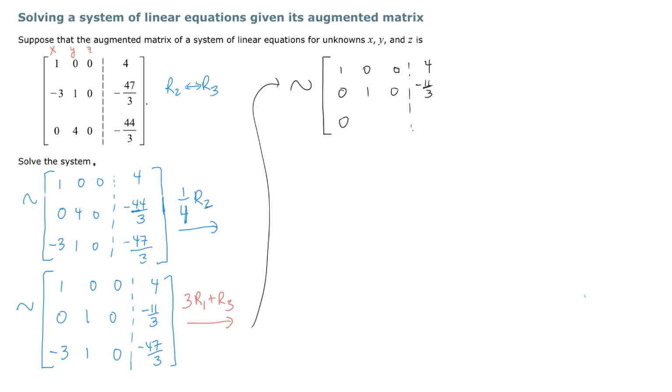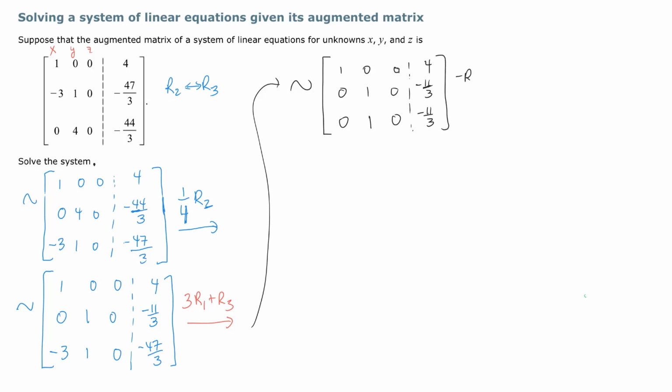So that's a 0. That is a 1 still. And that is a 0. And then 12, add it to row 3. So 12 is 36 thirds. And then that is negative 11 thirds. Ah, interesting.